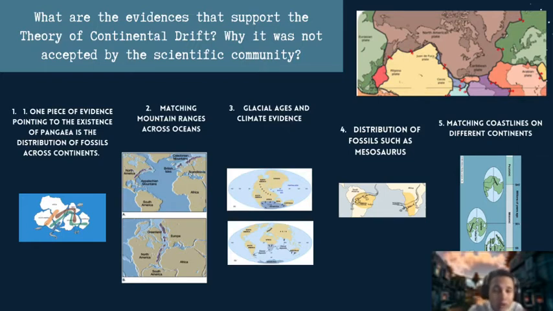For the next one, the distribution of fossils such as Mesosaurus, this evidence is the same as the first evidence, where they found the same animal fossil in different continents. But this evidence only states about the Mesosaurus.